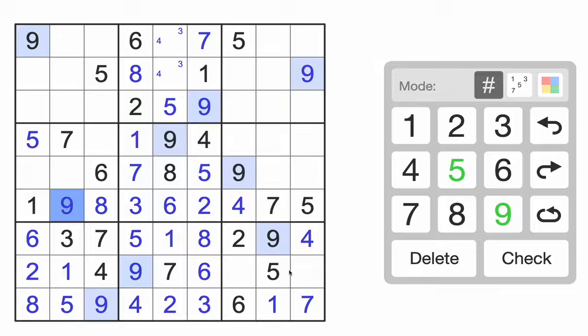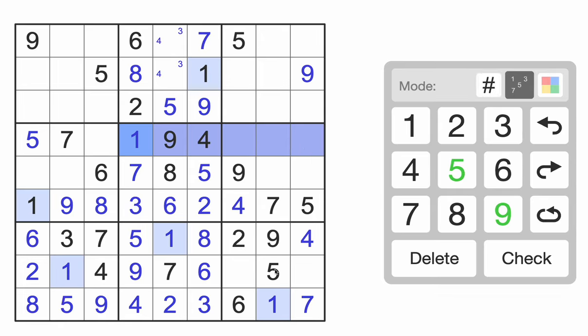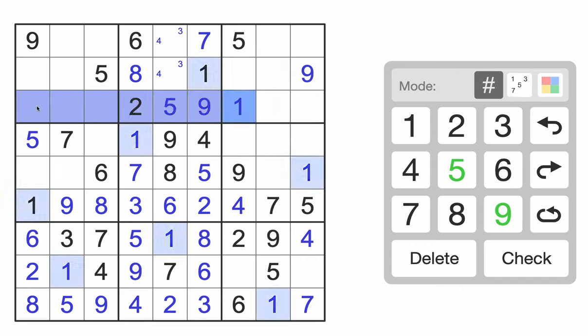Okay. These are, of course, 1 and 1 gives me 1 here, and that gives me 1 in box 3, and that gives me 1 in box 1.